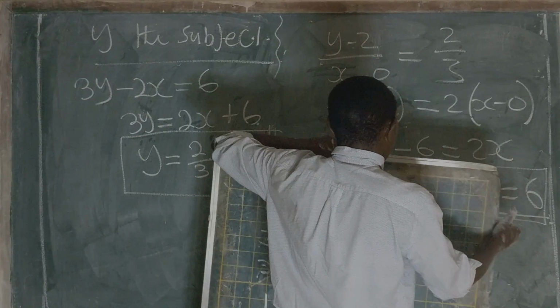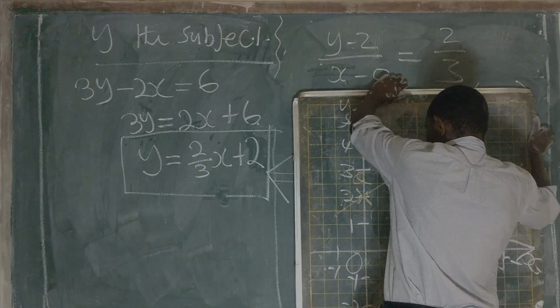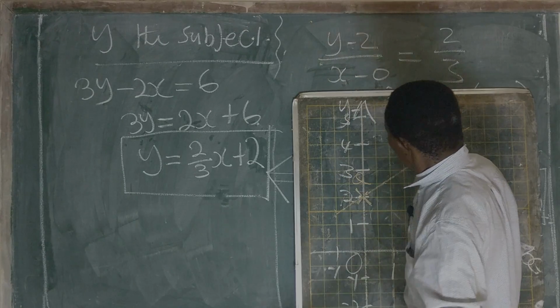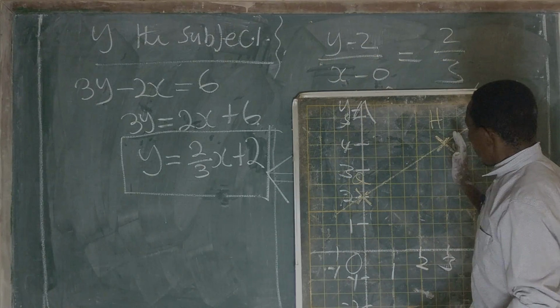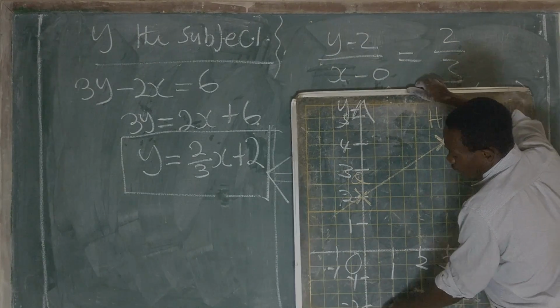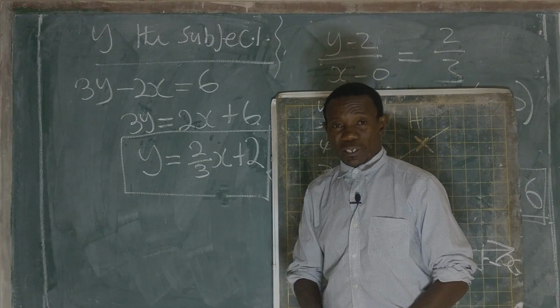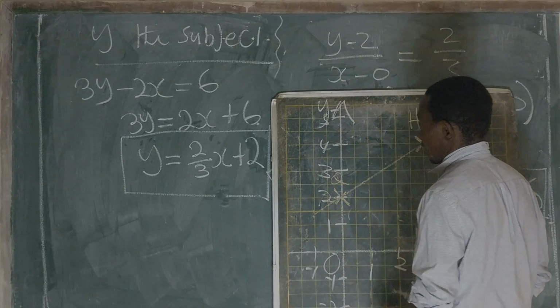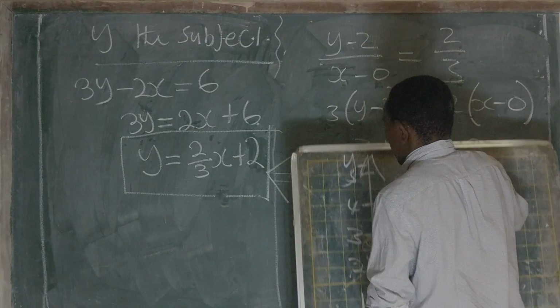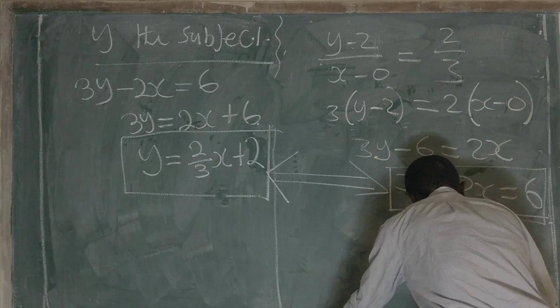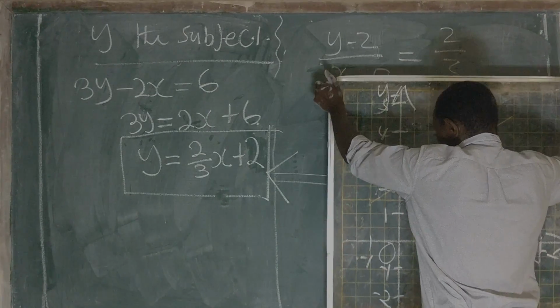I'll go back to the original board. Look at this line we drew. If we compare what we have on this line here and the equation that we have just obtained by making y the subject, you're going to realize that, let me just have this one up as it is.